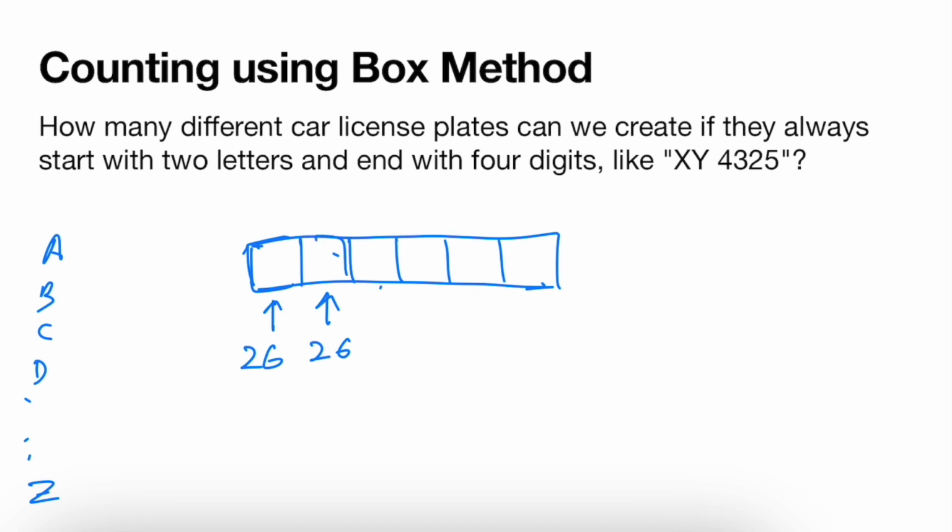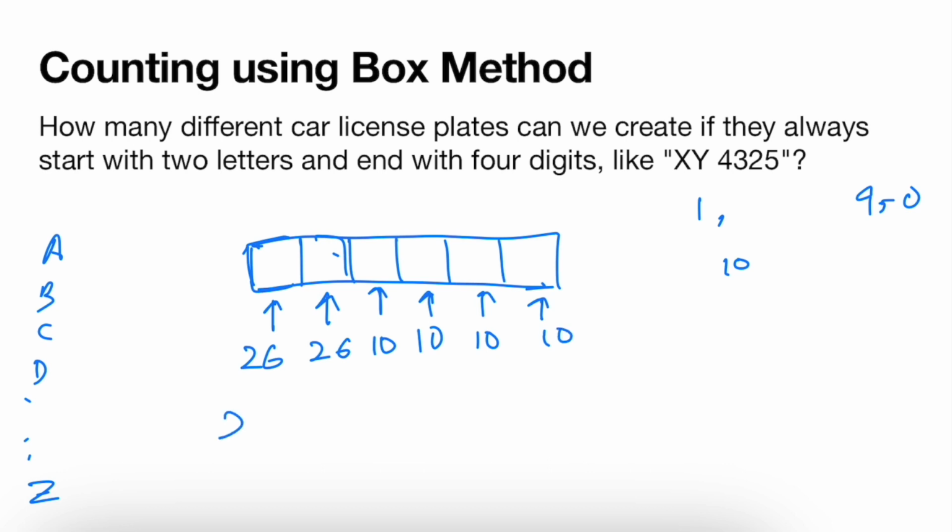And the next 4 are digits. How many digits are there? We have 9 digits plus 0, so that makes it 10 digits. So there are 10 ways of filling this. Since the digits can be repeated, there are 10 ways of filling the next place, 10 and 10.